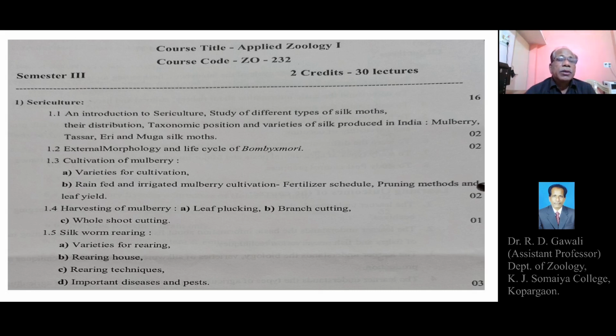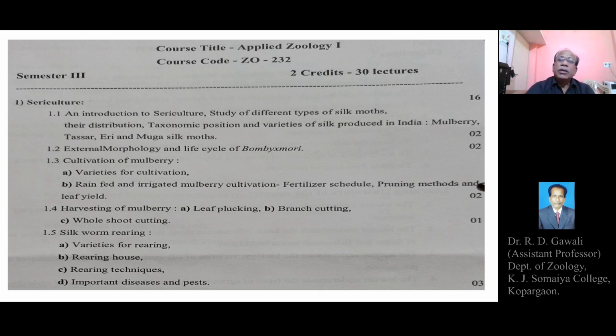So this topic includes different varieties of the mulberry crop or mulberry plant for the cultivation. So there are several varieties of the mulberry, indigenous as well as improved varieties, and these improved varieties can provide the large quantity of mulberry leaves and having good quality of the mulberry leaves.